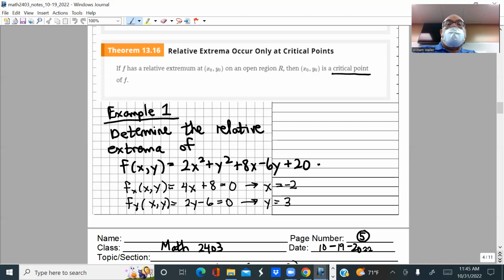So if you can find the critical points, then you will know where your possible extrema are located. But the tricky point is, unfortunately, not all critical points will yield local or relative extrema. You can have some critical points where you think you're going to have an extremum, a peak point or a valley point, but it turns out that's not the case.